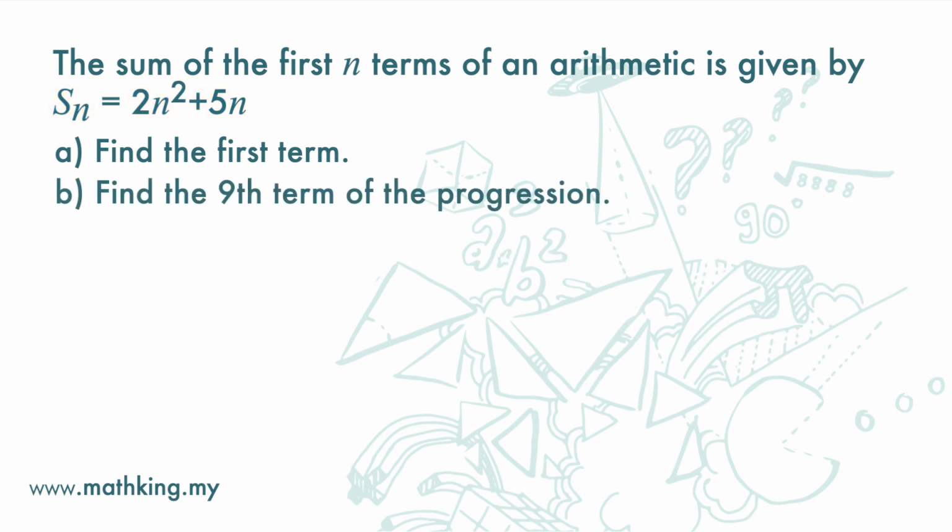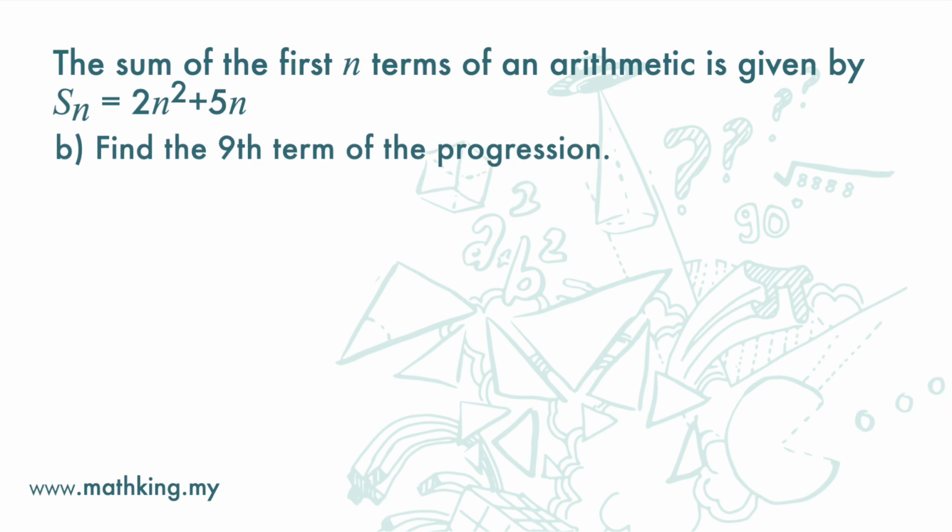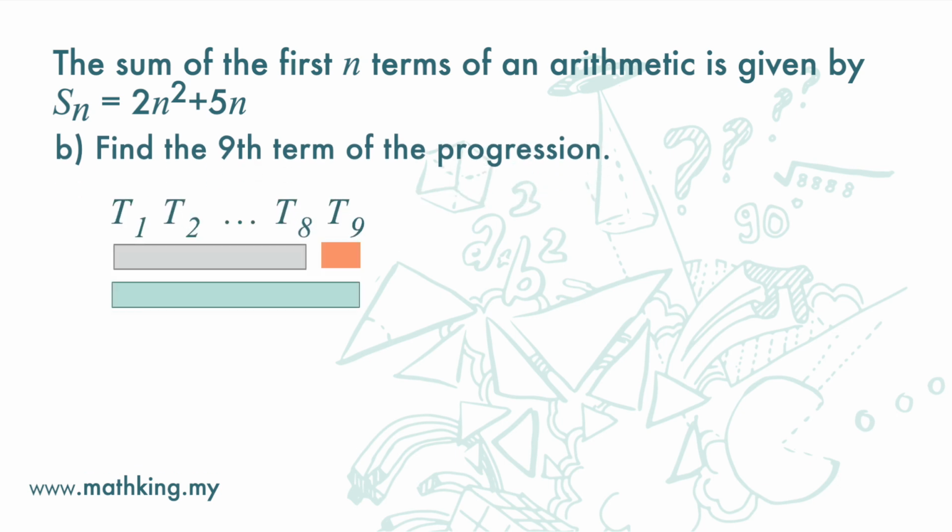B. The ninth term. Look at this diagram. The ninth term can be obtained by subtracting S8 from S9. So T9 also equal to S9 minus S8.